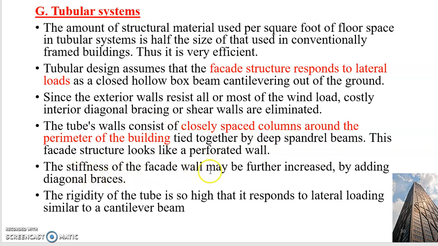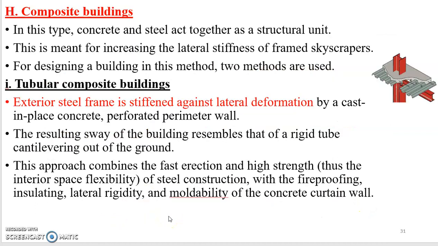The stiffness of the facade wall may be further increased by adding some braces. We can see that to increase the stiffness of the building, steel bracings may be provided all around the structure. Hence, the rigidity of the tube is so high that it resists the lateral loading, as if it were a cantilever beam.